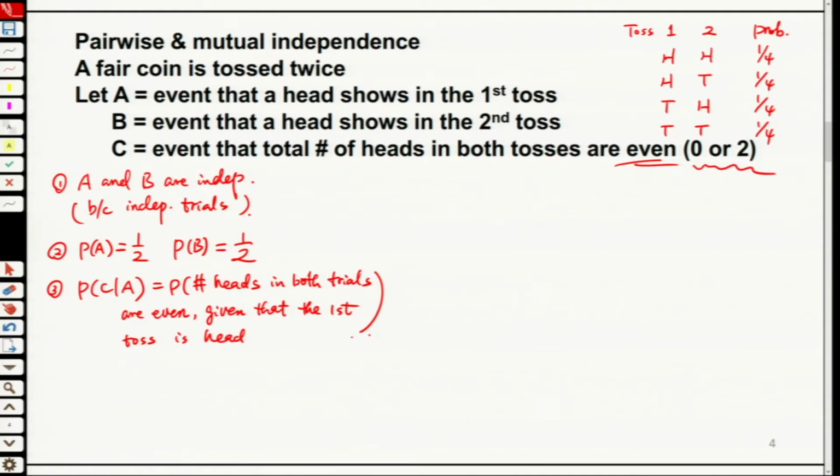So what's the probability of that, given that the first one is head? 1/2, right?